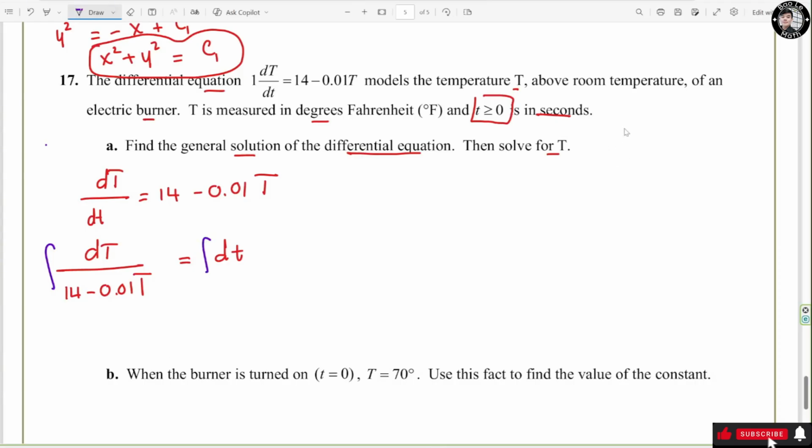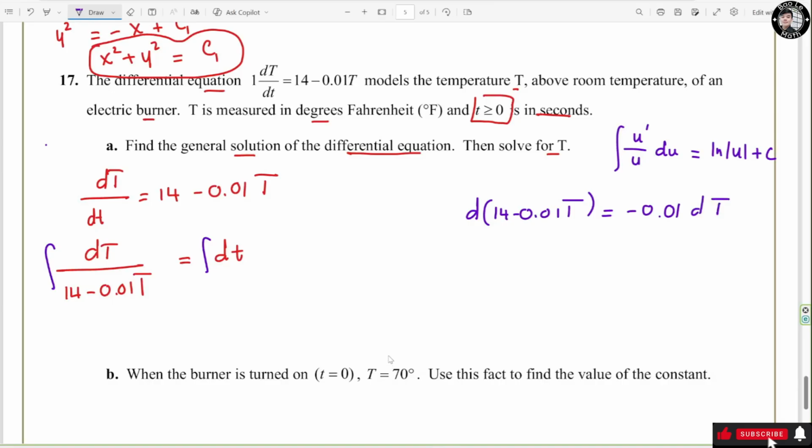Now the left hand side, we need to apply the formula u prime over u du, which is going to be ln absolute value of u plus c. So in order to apply this one, make sure you take the derivative of the bottom. If you take the derivative of the bottom, it becomes negative 0.01 dt.